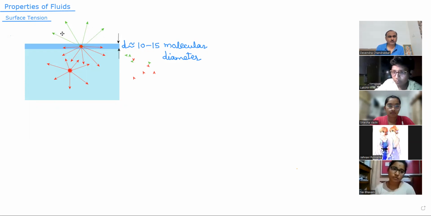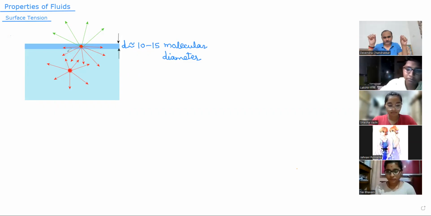So this molecule will try to break off from the other molecules of the liquid. So there is an unbalanced force on the surface layer, and because of that, the topmost layer of the fluid seems to be stretched. And that is why the surface tension of the fluid comes in.